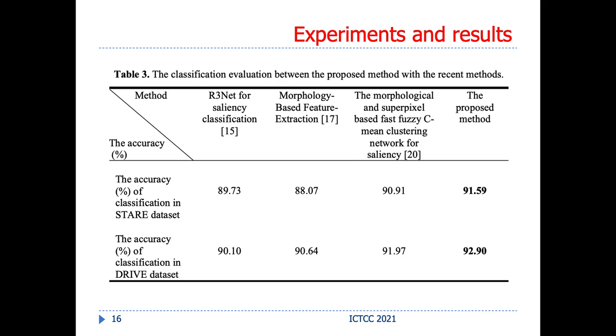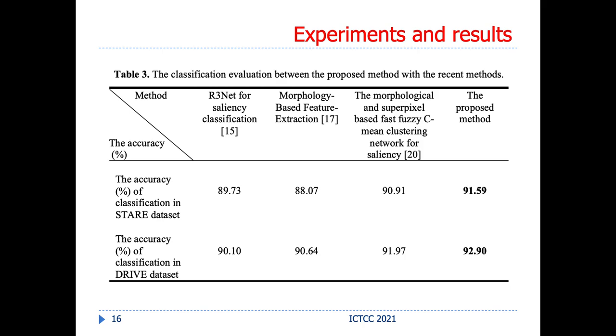So we apply mean C results for the evaluation with our model for saliency, and we compare the results of our method with recent methods. Here we compare with three methods. The first method that we compare is the recurrent residual refinement network for the saliency classification, reference number 15.